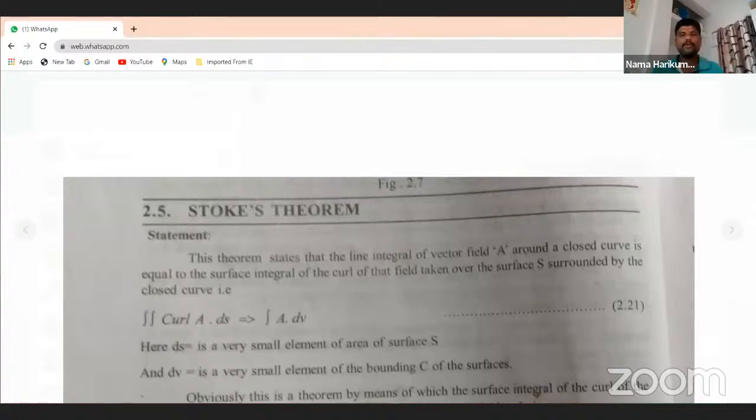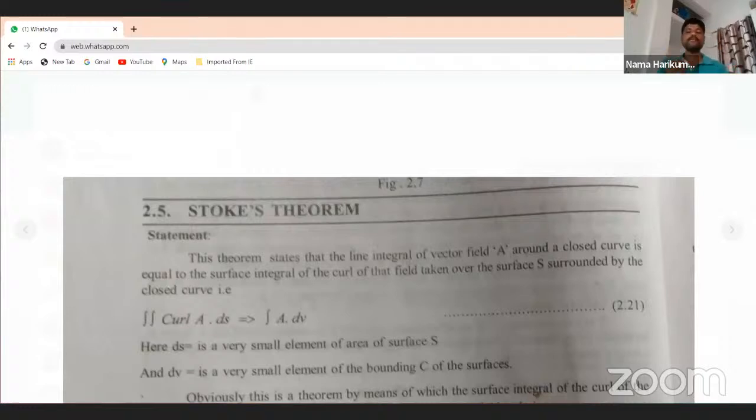That is the Stokes theorem statement. Once again, in the Stokes theorem statement, the line integral of a vector field A we have to modify to surface integral. In this process we have to use the curl value.